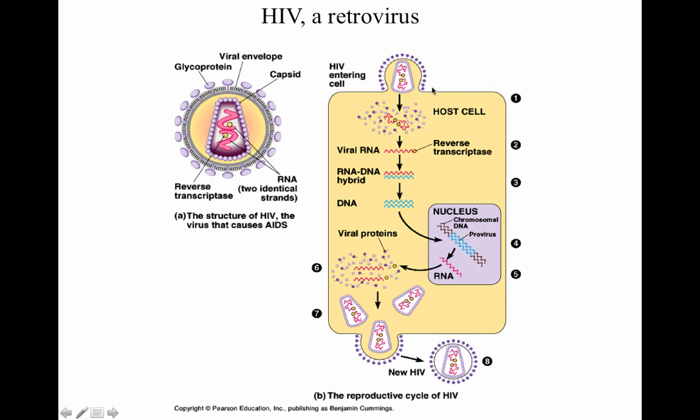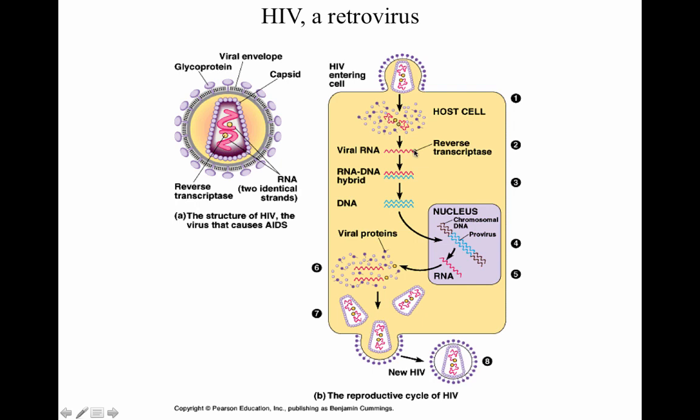This then triggers fusion of the viral envelope with the plasma membrane of the host cell. The two membranes fuse, and this allows entry of the capsid and the nucleic acid into the host cell. Once inside, the capsid will disintegrate, and that releases the RNA.